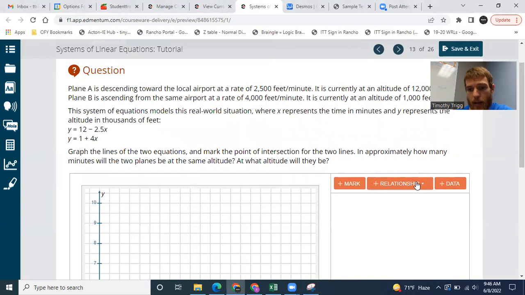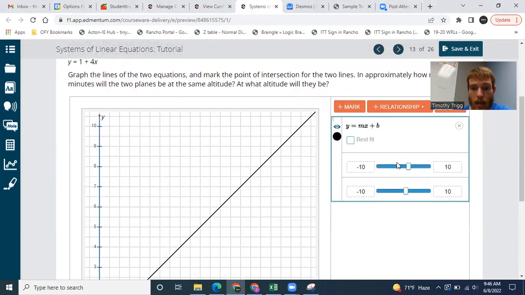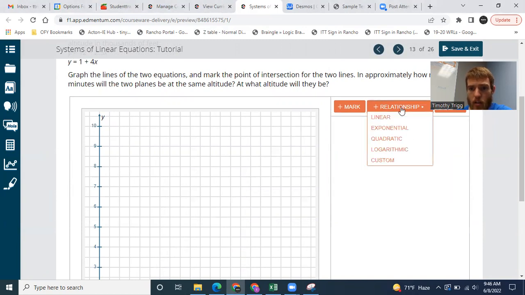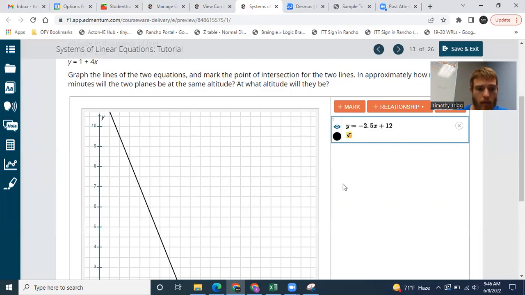So let's go ahead and graph these relationships. Here we could just say linear, but I don't like this. Let's just go to custom again. And the first one was y equals negative 2.5x plus 12. Let's go and plot that. All right, and we can see the graph there.